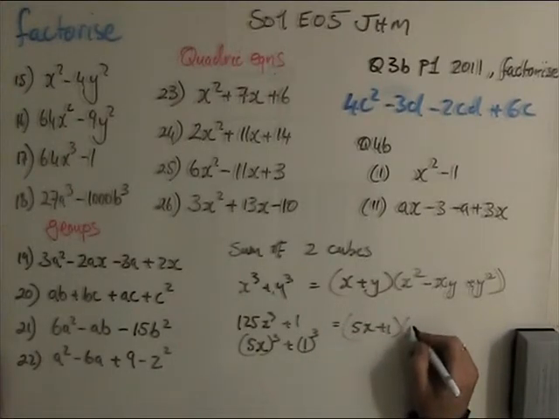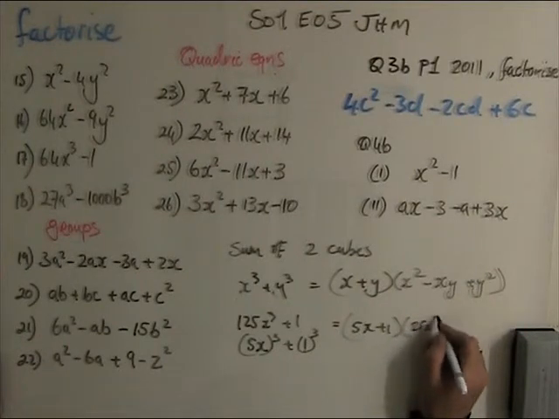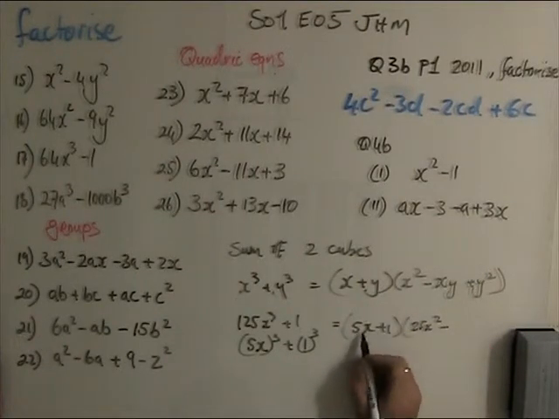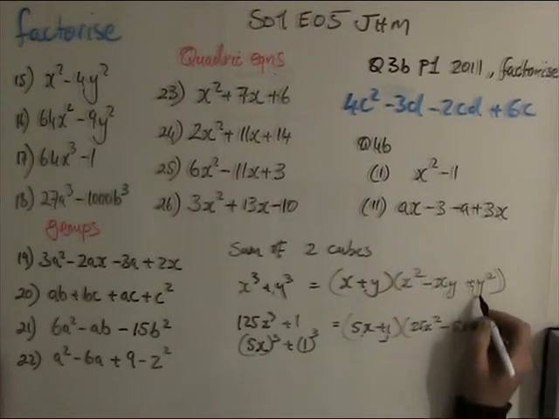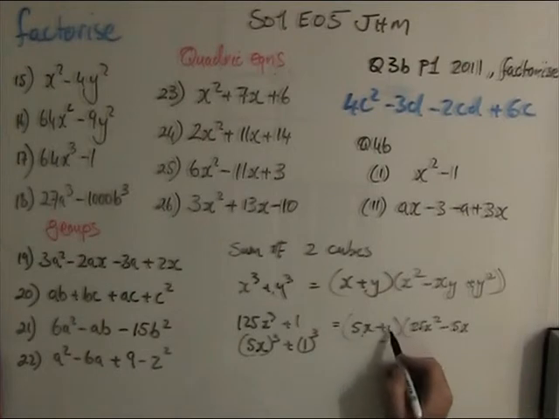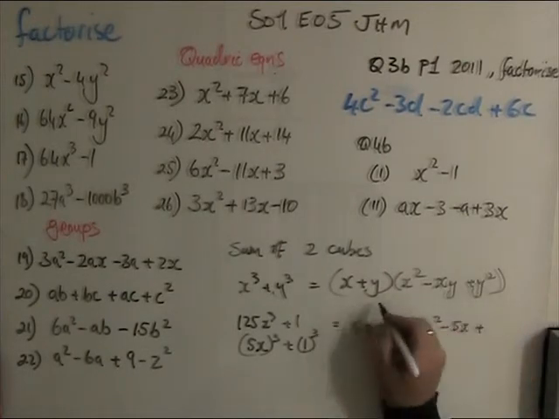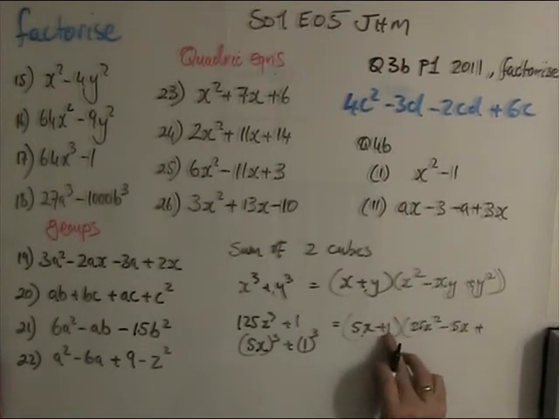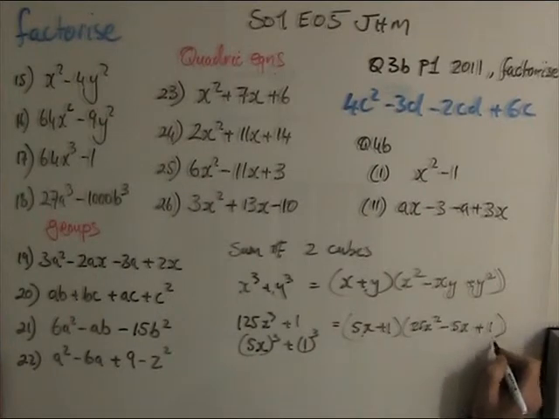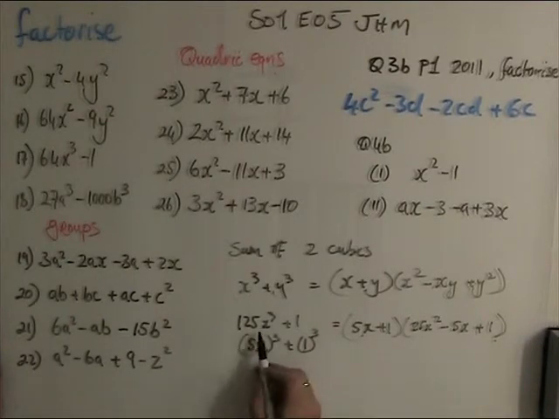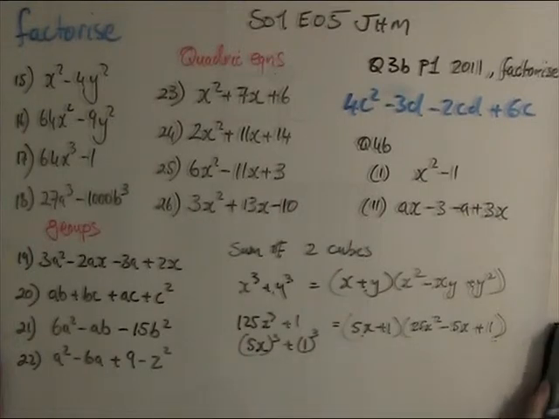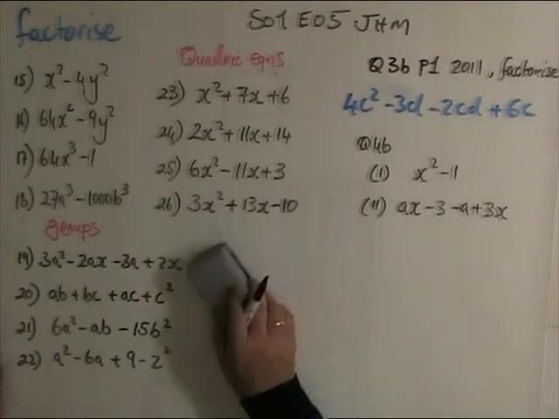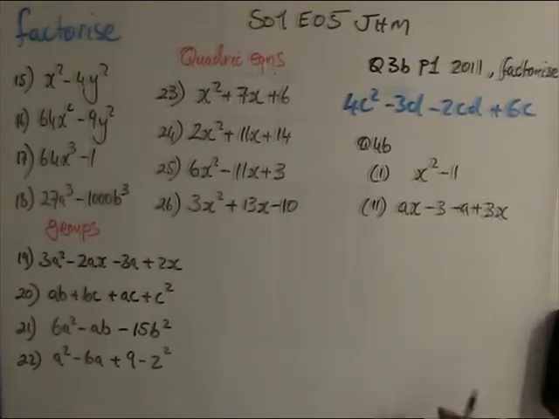So 5x squared is 5x by 5x, which is 25x squared, minus the product, 1 times 5x, which is 5x, plus the second term squared, which is 1. I'm following the template here. And that is the factors of this, and if you multiply them out again, you will get back to your original equation. Right, so that's the sum of two cubes.